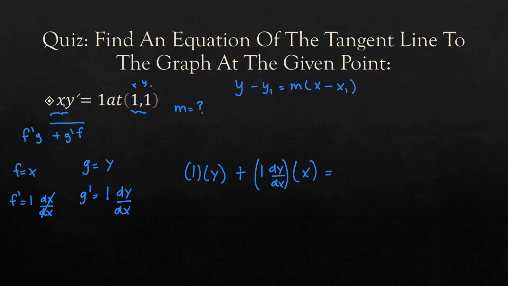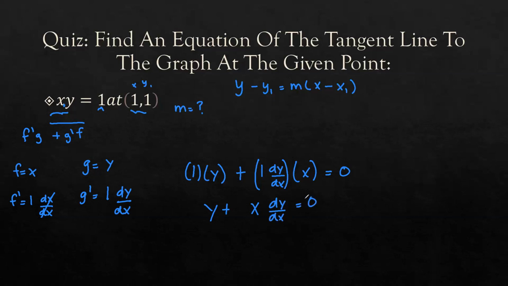And then equals, don't forget about the right side, the derivative of 1, a constant, is 0. Okay, so if you clean this up, 1 times y is y, plus 1 dy/dx times x is just x dy/dx.